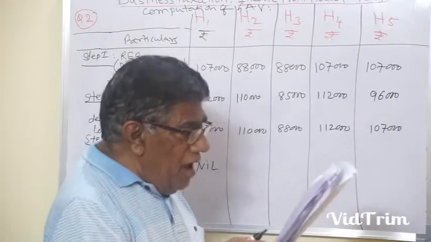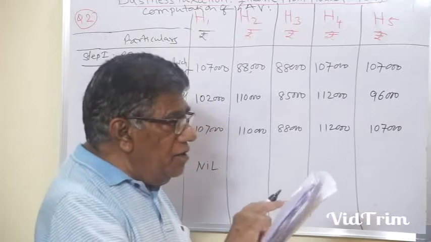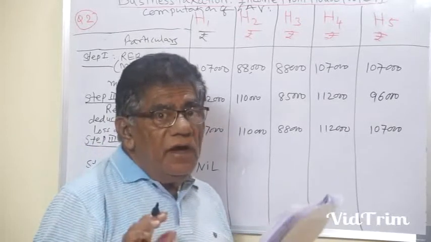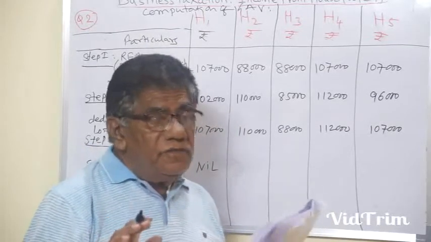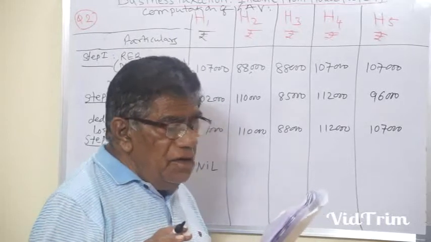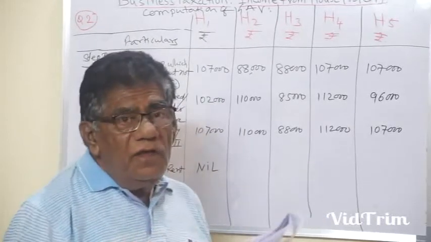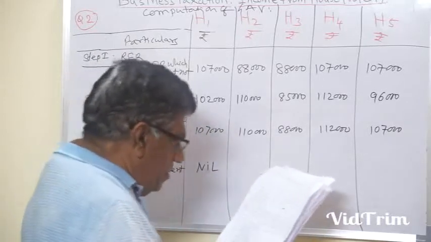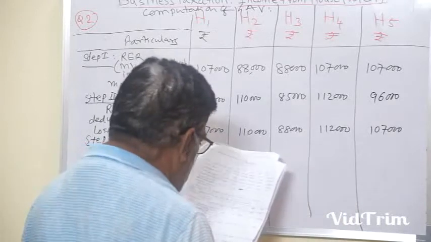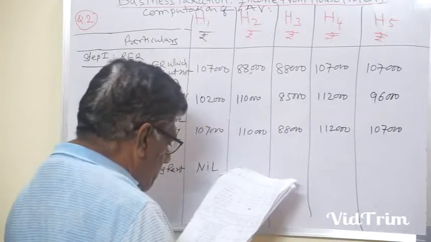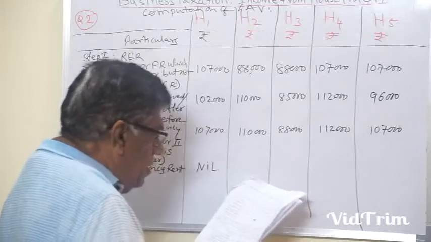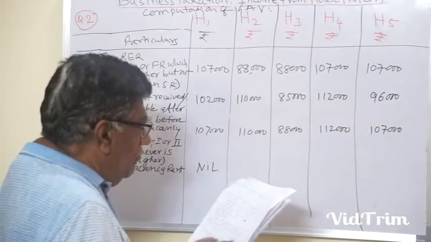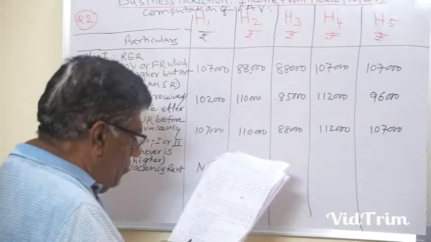For per annum actual rent, refer to the problem, 1,12,000. Divided by 12, you will get 1 month's rent. Double of that will be the 2 months' rent. Then for vacancy, 2 months' amount should be deducted.